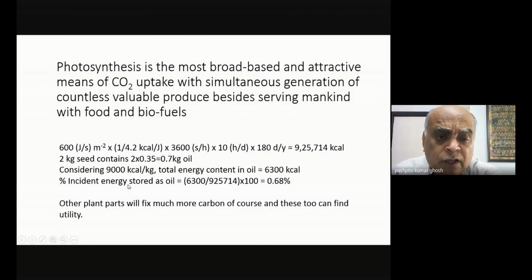But then, of course, there are many other things which are consuming energy. For example, the rest of the seed, which is 1.3 kg, will have a calorific value of maybe not 9,000, but around 3,500 kilocalorie per kg.